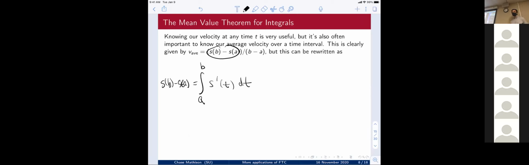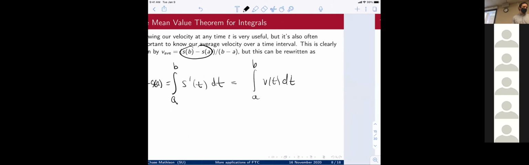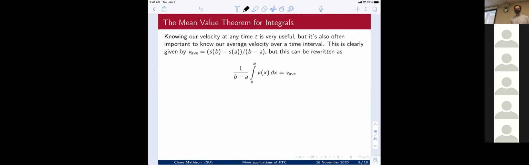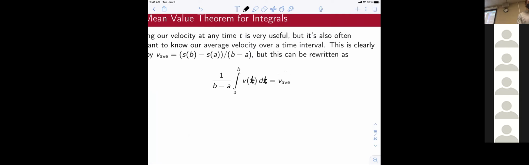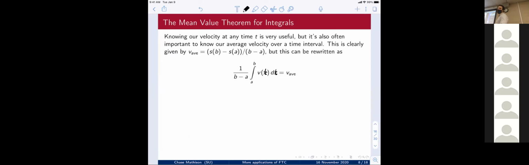But then S prime is V, so this is the integral from A to B of V of t dt. I should really have t's here. It doesn't actually matter because it's a dummy variable, but I would prefer t's because these are functions of time.